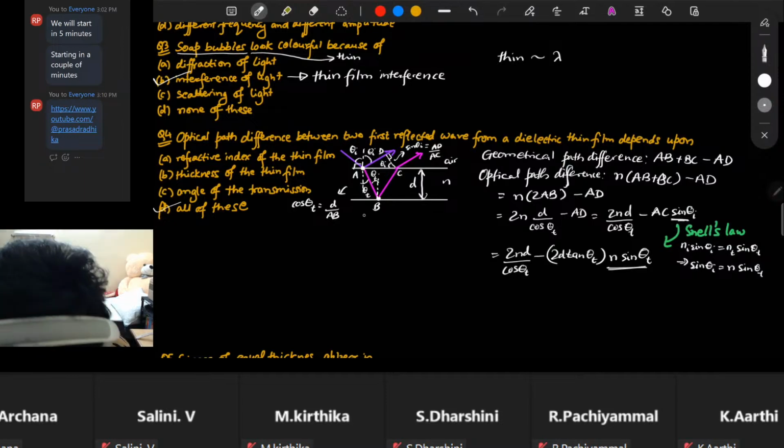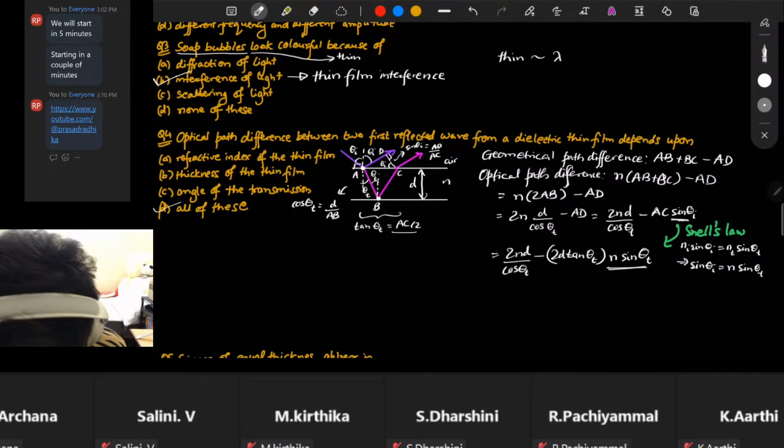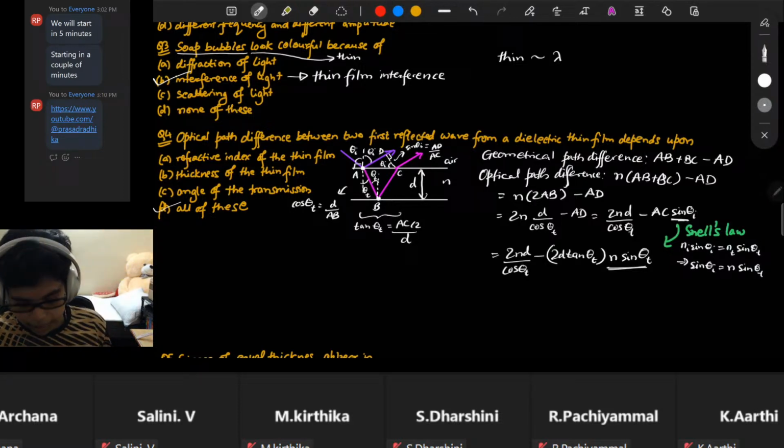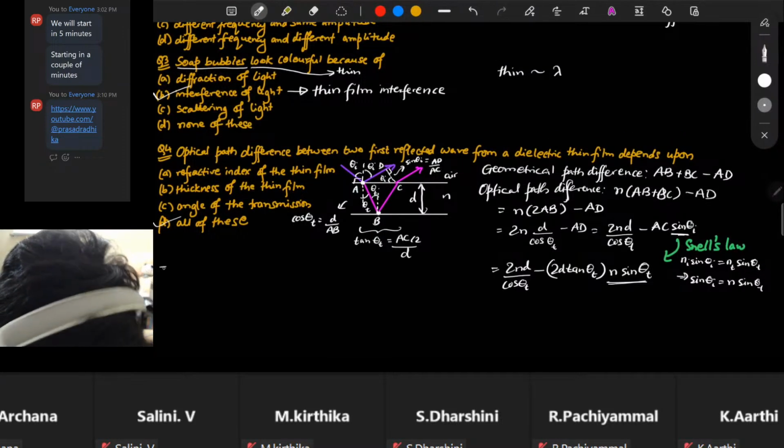And how do we get that? We get that from here. Tan theta T is basically AC by 2 over D. So this gives you AC is 2D tan theta T. So let us simplify further.